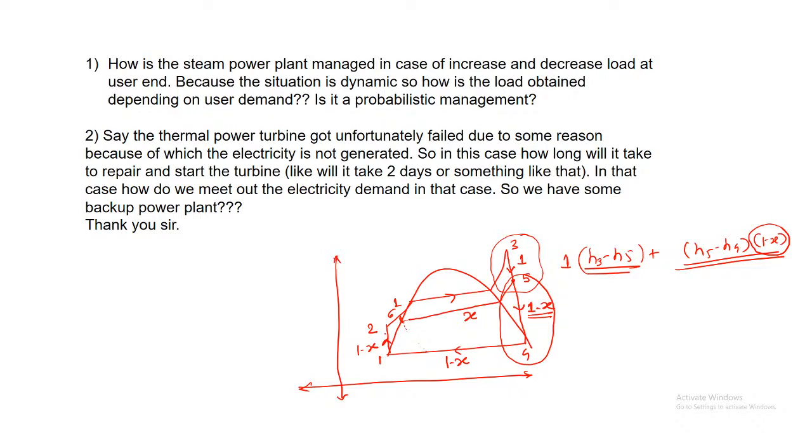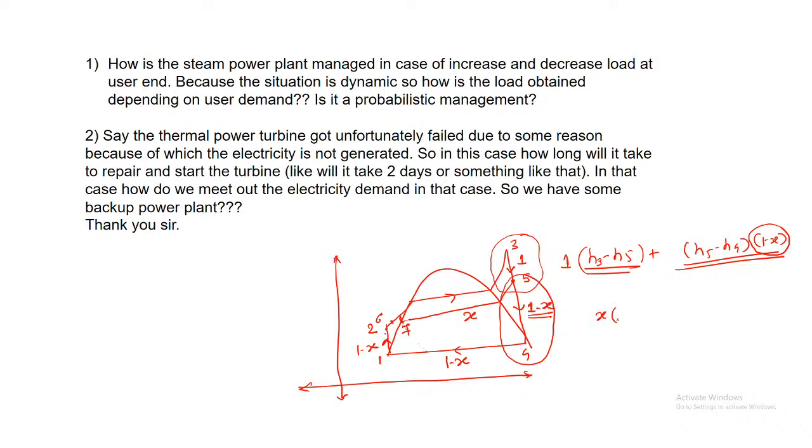Mass is not constant. Now coming to heat transfer, what is happening here, from 2 to some 6 here. We are having steam bled from point 5 till this point, which is 7.